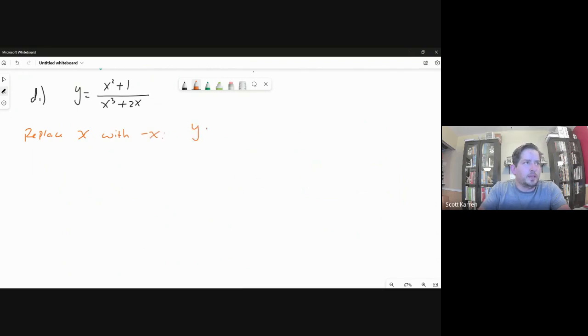That is y equals negative x all squared plus 1 all over negative x to the third plus 2 times negative x. The negative x gets squared, that's x squared again, so my numerator is the same, but the negative x in the bottom gives me a negative x to the third, and 2 times negative x is minus 2x. And this is not the same.